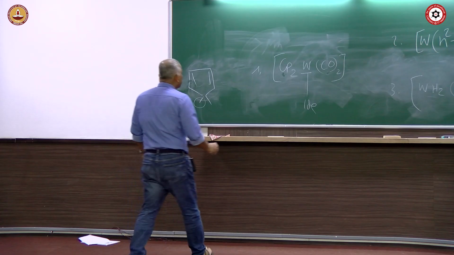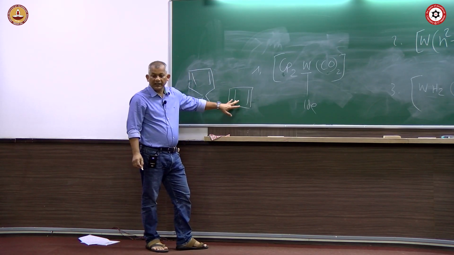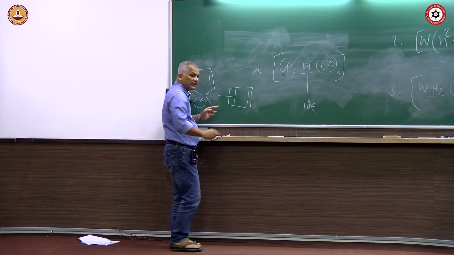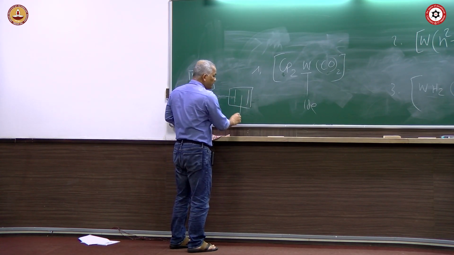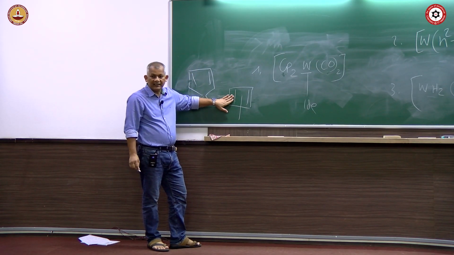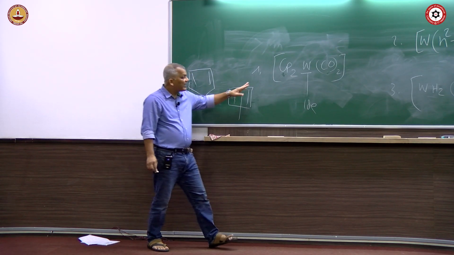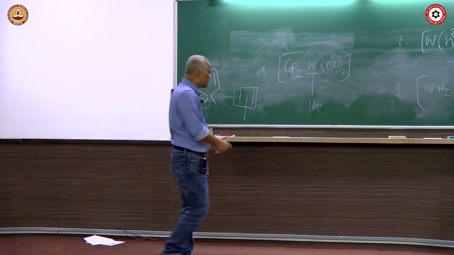Like if you have this kind of system, it can coordinate with both of them. So it is eta 4, and if it coordinates only with that, it will be eta 2.